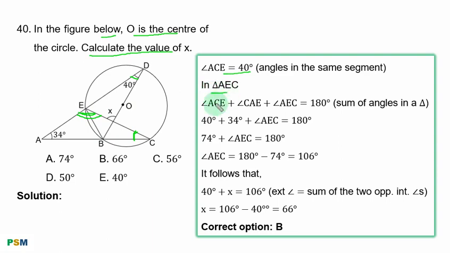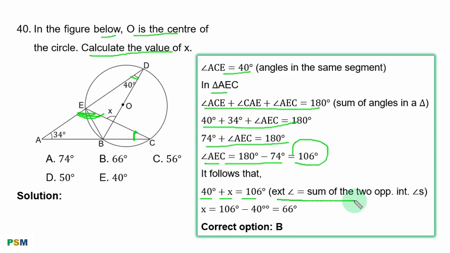If you add the three angles, the sum is equal to 180 degrees. You have it in this form, and you have these results. Angle AEC becomes this, that is 106 degrees. 40 degrees plus S is equal to this angle, 106 degrees.